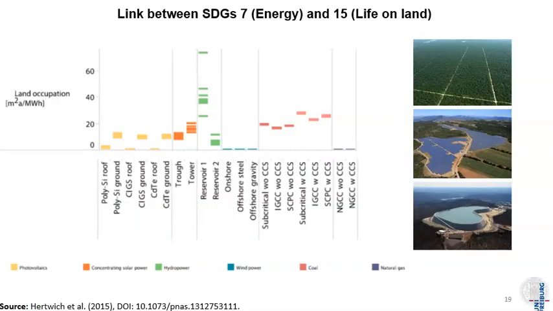We have a strong linkage between the energy goal and the life on land, which I already mentioned. It's the land use of energy supply. And of course, renewable energies have usually much larger land use than fossil energy, which is one of the main reasons why fossil energy was used in the first place, because you don't need much land to harvest a lot of energy.